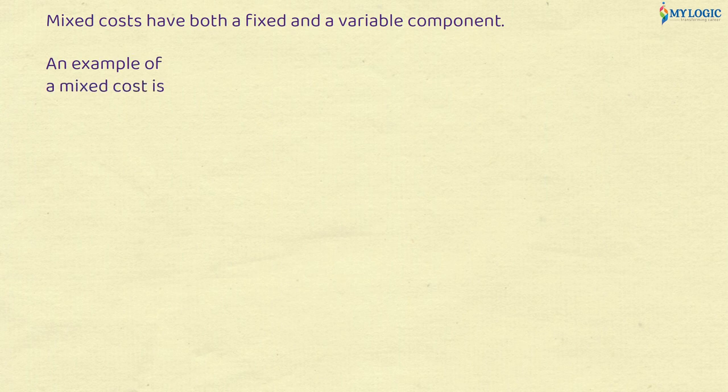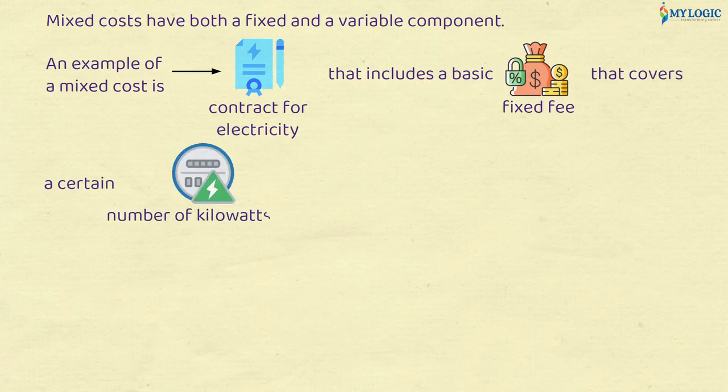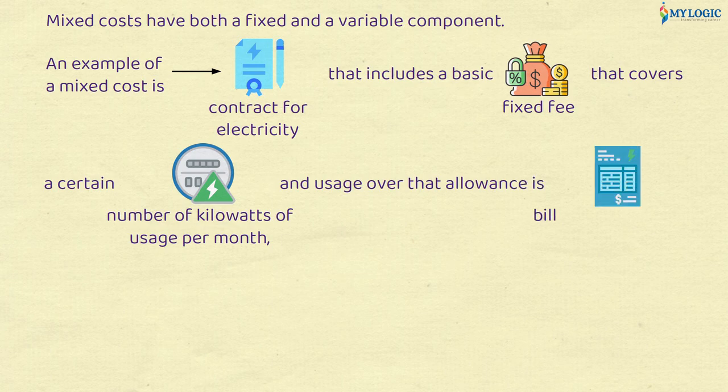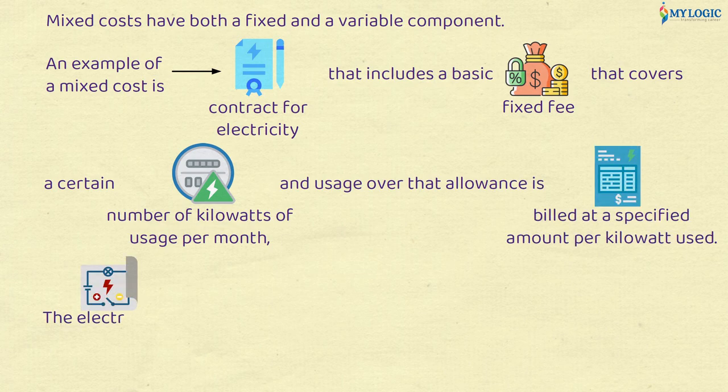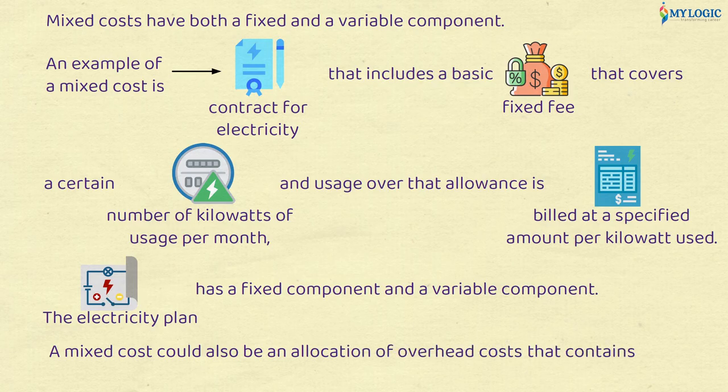An example of a mixed cost is a contract for electricity that includes a basic fixed fee that covers a certain number of kilowatts of usage per month, and usage over that allowance is billed at a specified amount per kilowatt used. The electricity plan has a fixed component and a variable component. A mixed cost could also be an allocation of overhead costs that contains both fixed and variable overheads.